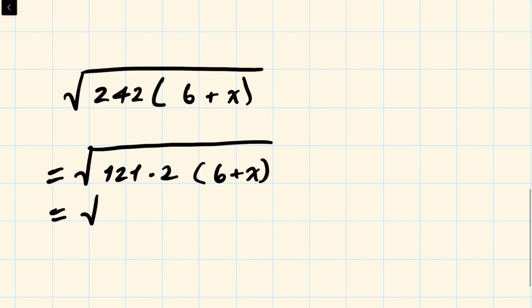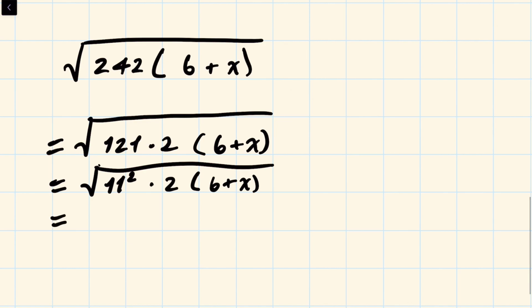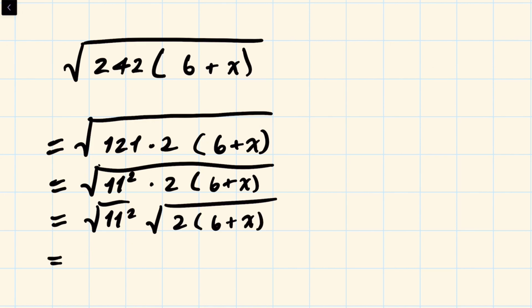We can pull out that 121 because it's 11 squared, times 6 plus x. Root 11 squared, root 2 times 6 plus x. That's 11 root 2 times 6 plus x.